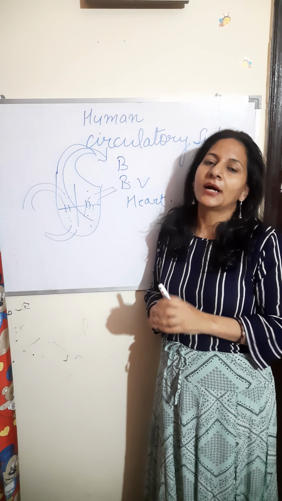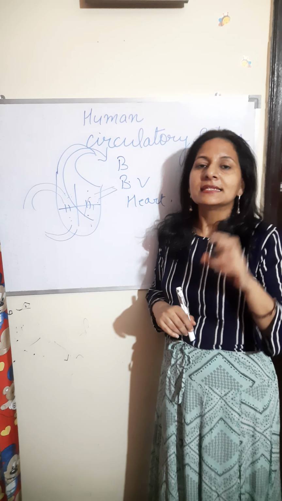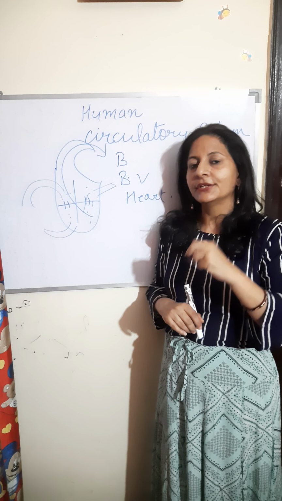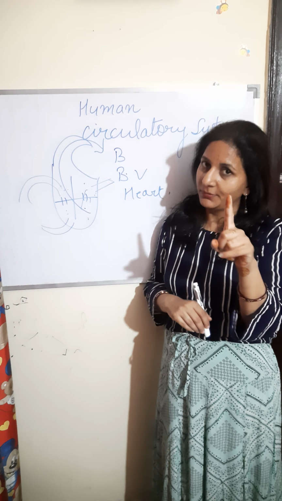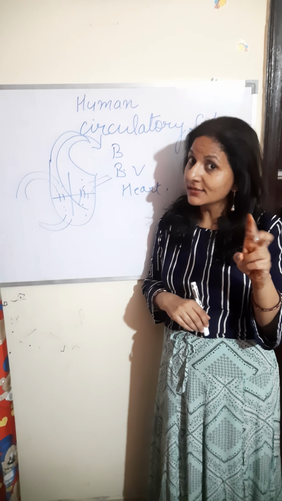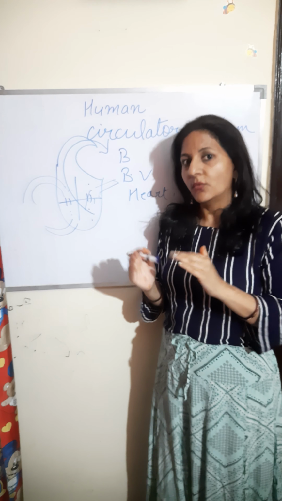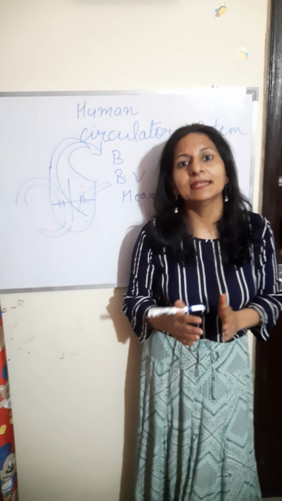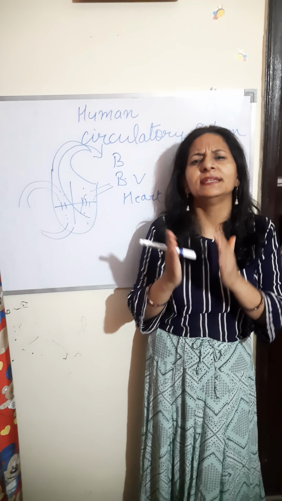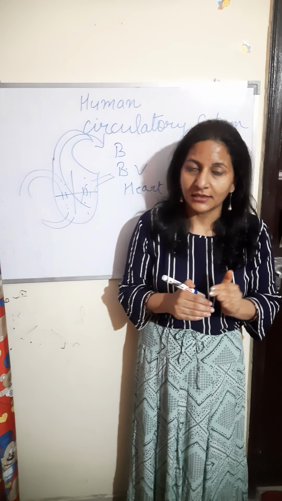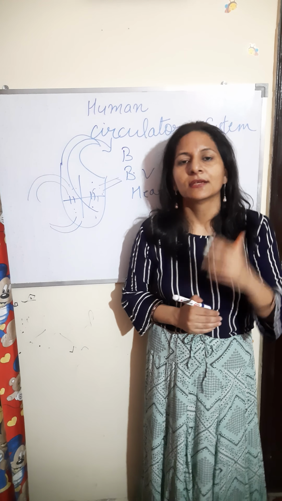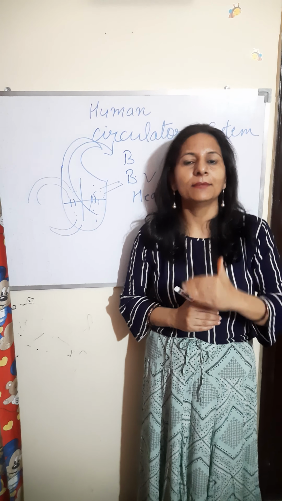Plasma is the liquid part of the blood, and the cells are further divided into 3 parts. You have red blood cells, white blood cells and the platelets. Now plasma, what is plasma? Plasma is basically the liquid or the yellowish part of the blood which does not have cells. Whereas the cell part has 3 parts: red blood cells, white blood cells and platelets.